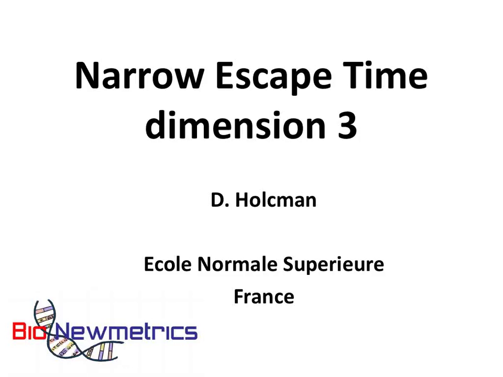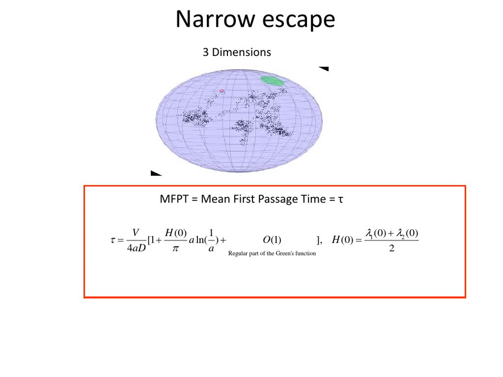The goal of the class today is to present the narrow escape time calculation in dimension 3. This follows the classes on dimension 2. Let me remind you the context of this problem.